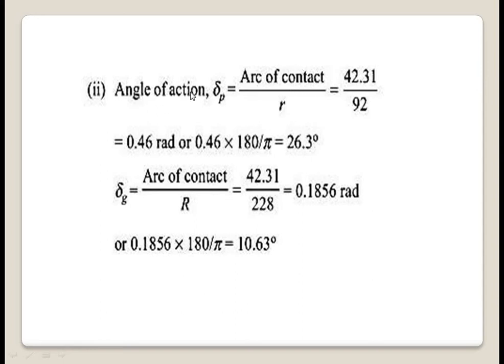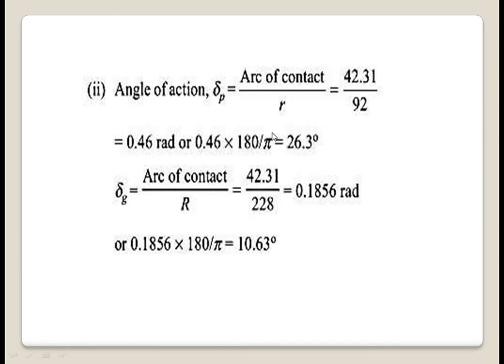So the angle of action for the pinion is equal to the arc of contact divided by the radius of the pinion. The arc of contact we already found, that is 42.31, divided by small r, that is 92. We got the value 0.46 radian. The value is in radians, so convert into degrees. Put the value, 0.46 into 180 divided by pi, which is equal to 26.3 degree.